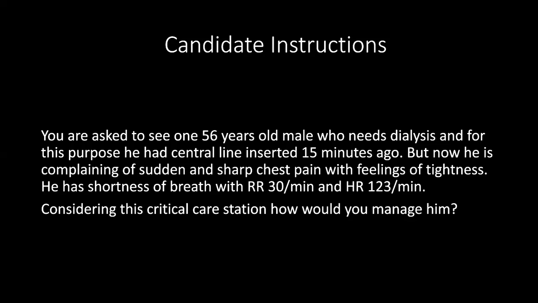Yes, my diagnosis is pneumothorax, so I give oxygen to the patient, and I'll insert a needle in the second intercostal space in the mid-clavicular line. Then I'll do the X-ray.